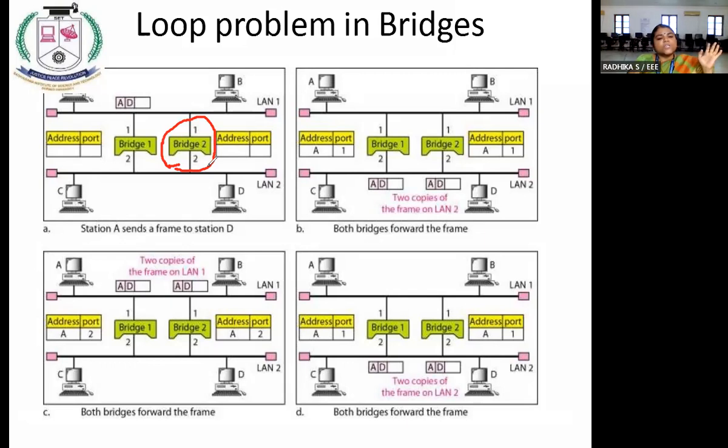Now take the first scenario: station A wants to send a frame to station D. With no information regarding the port and the associated address, when bridge 1 gets the frame from station A, as it does not have any information about the destination station, station D, it will flood the network with the frame that it receives from A. What is meant by flooding?